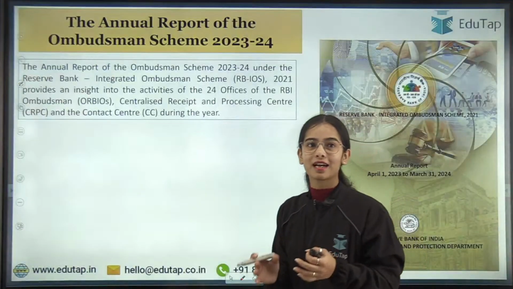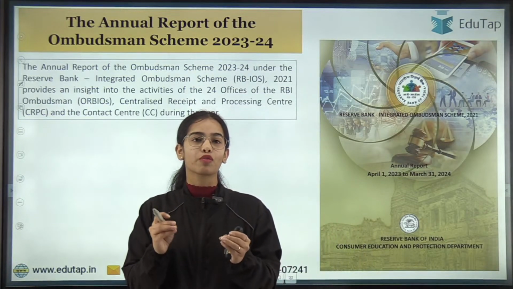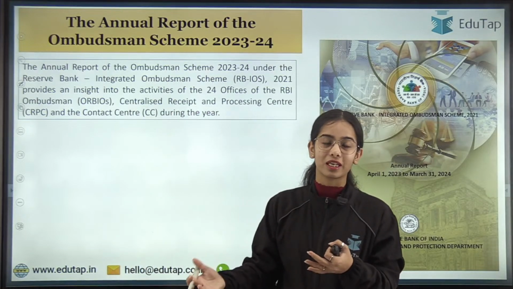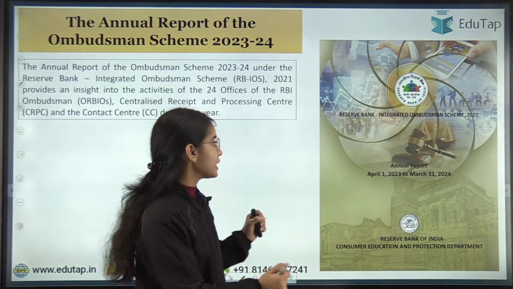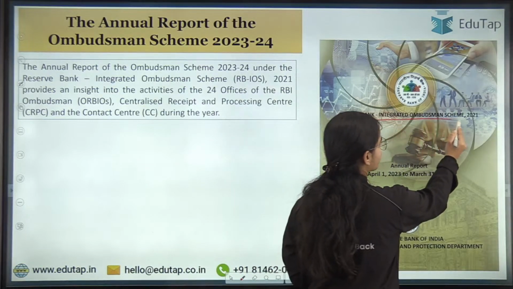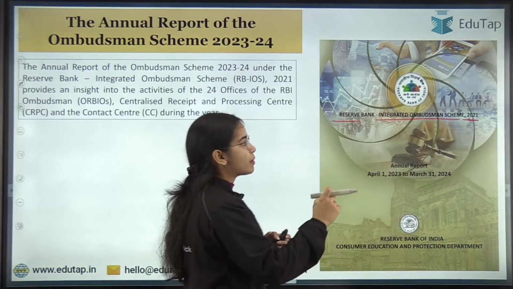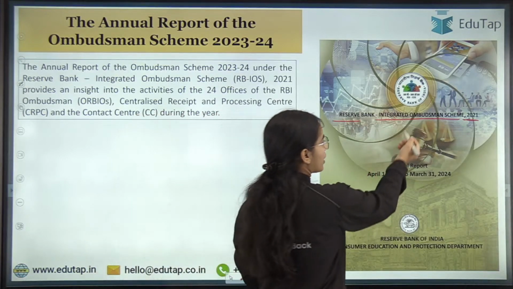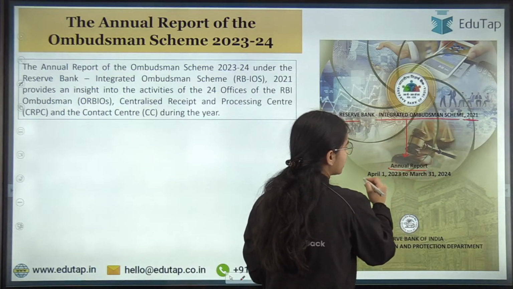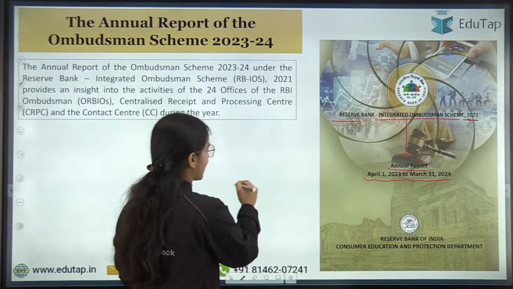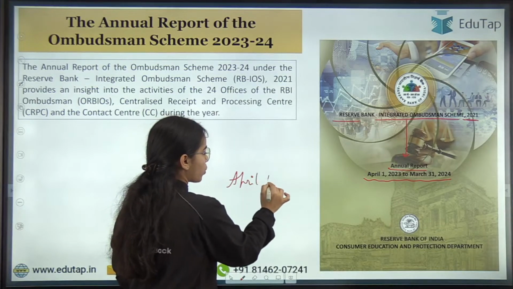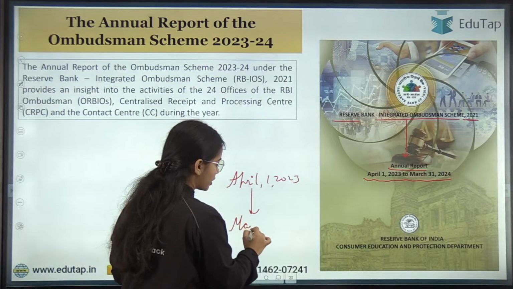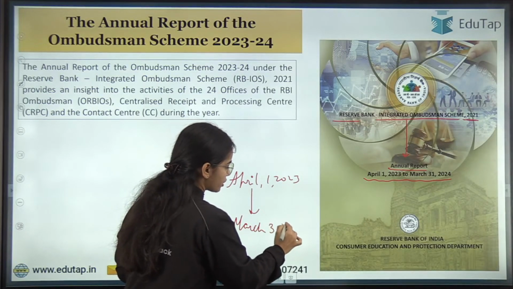Okay, so let's get started with our reports. The annual report of the Ombudsman scheme 2023-24 has been released by the Reserve Bank of India recently. Here you can see the Reserve Bank Integrated Ombudsman Scheme 2021. The scheme was released in 2021, and now the annual report has been released for the 2023-24 financial year, which started from April 1, 2023 and continued till March 31st, 2024.